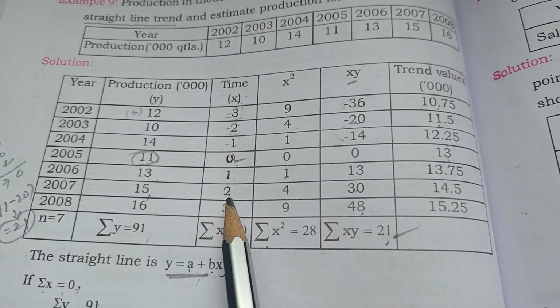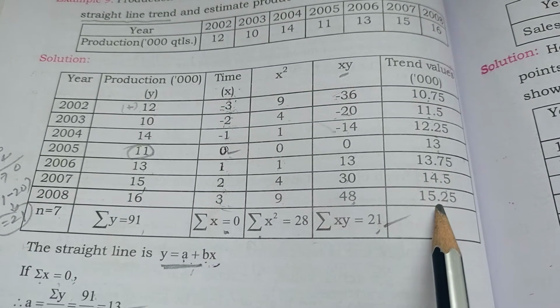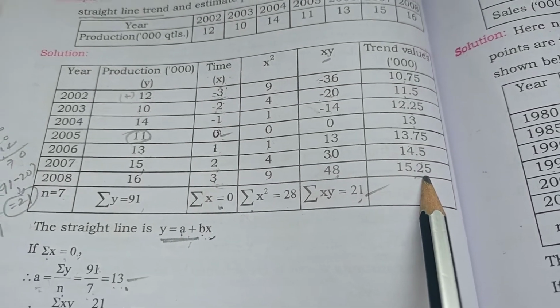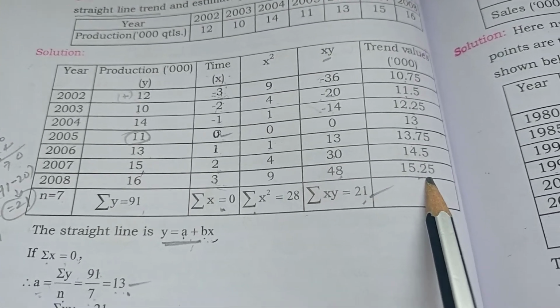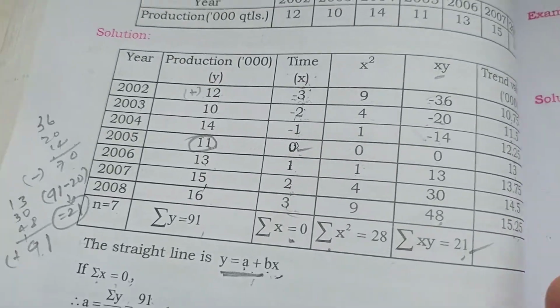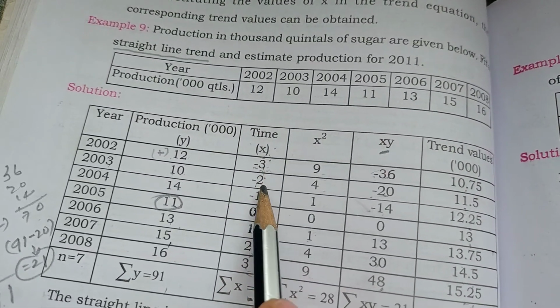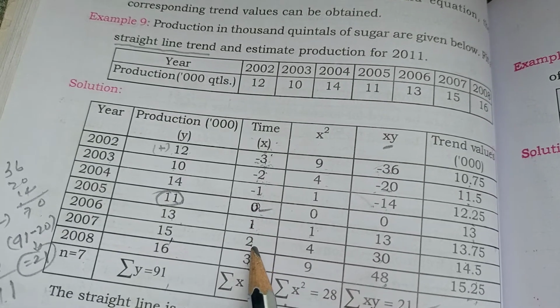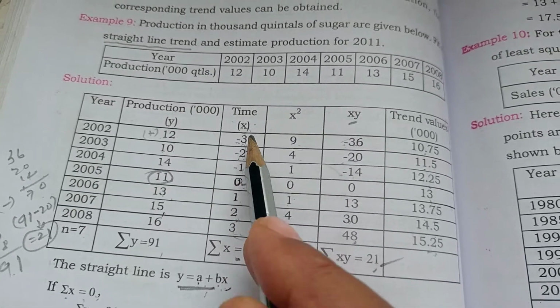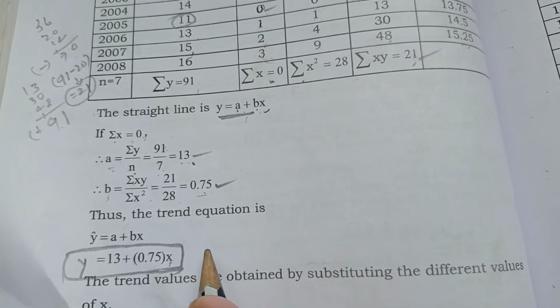If I put x value 2, it is 14.5, and x value 3, I will get 15.25. These all are the trend values when x is equal to -3, -2, -1, 0, 1, 2, 3, and these values should be entered in the trend equation.